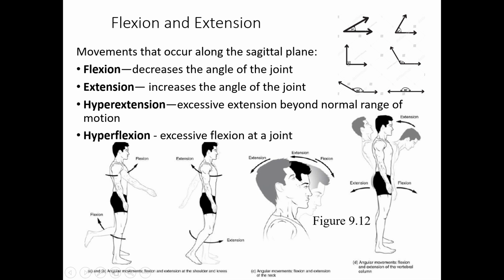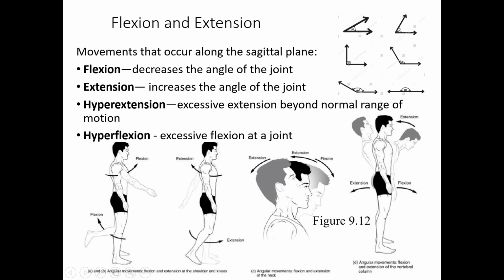Hyperextension. Sometimes we can move our body parts or bones over 180. For example, that is a 180 degree angle right here between the torso and legs. And we can bend our torso back to increase that angle. That is extension. We can do the same with our head.